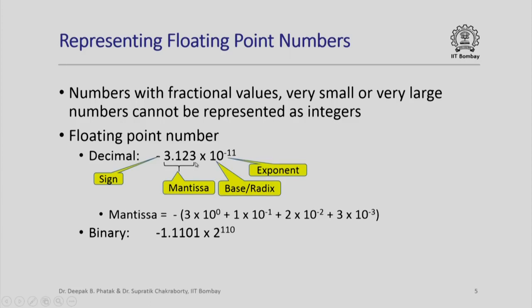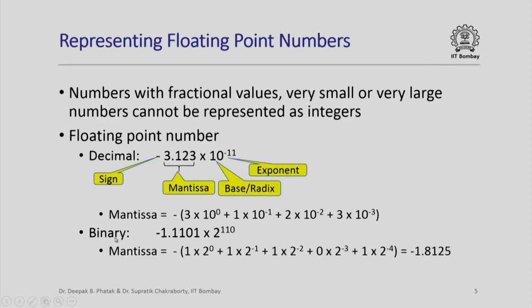Instead of the mantissa being represented in decimal, I could represent it in binary and I could still have this radix point or floating point. The base would be 2, and the exponent, instead of being a decimal number, I could have a binary number over there.